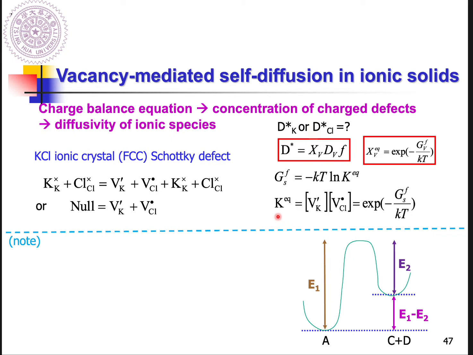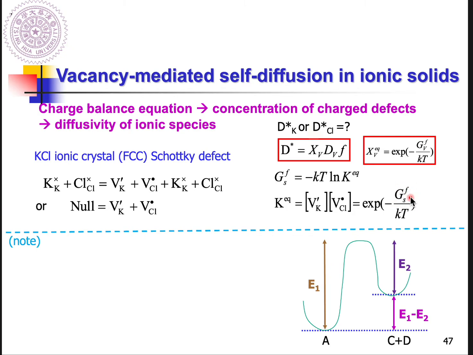So based on this equation, you can formulate the equilibrium constant K and write down the atomic fraction of V_K times the atomic fraction of V_Cl, and this will equal the exponential of the Schottky defect formation energy term.